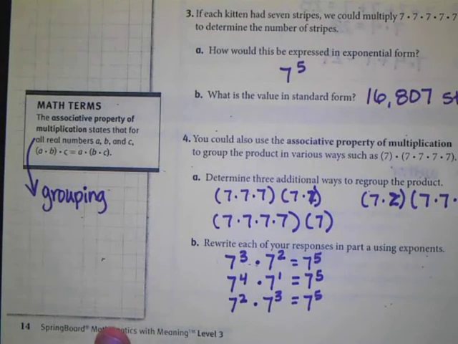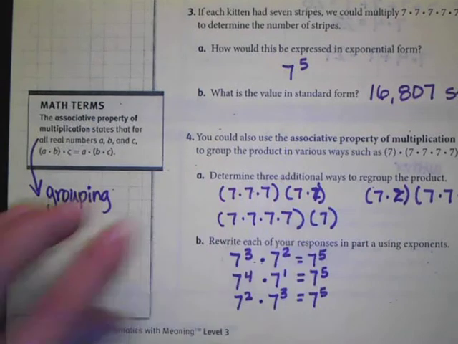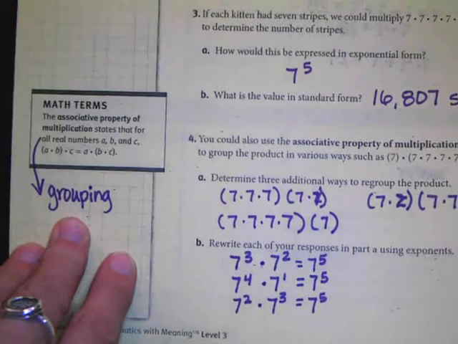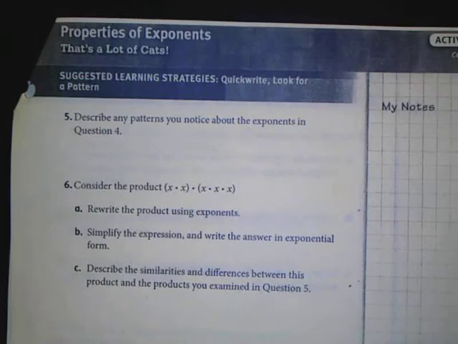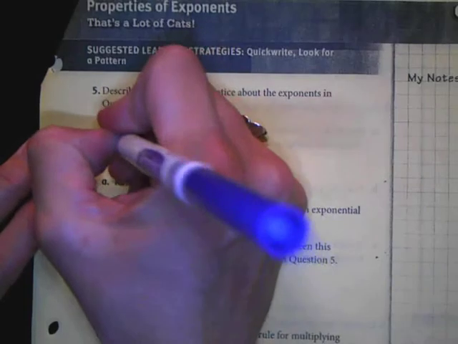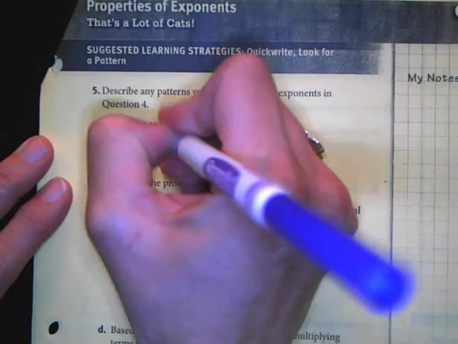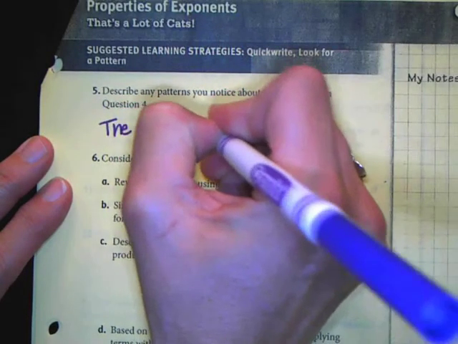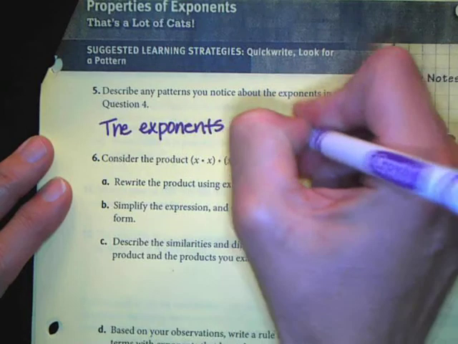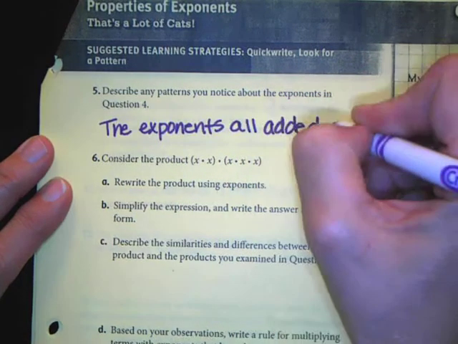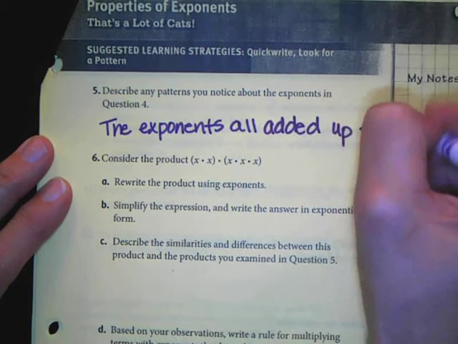What adds up? The exponents all added up to 5. So any patterns we noticed, the exponents all added up to 5.